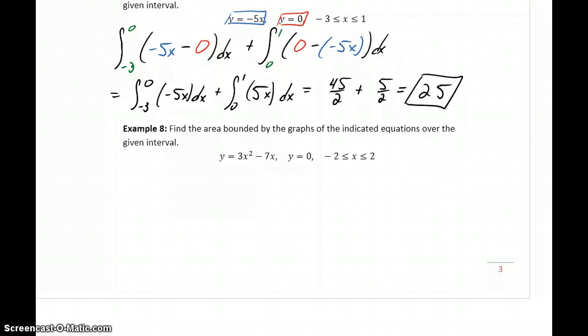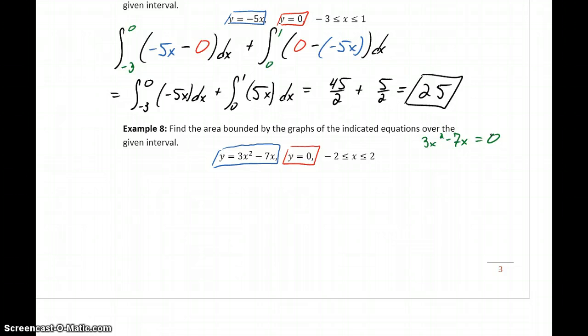Similarly, in our last example, we would want to graph these two functions and determine where that split happens, where they cross over, and which function is greater on which interval. So in this case, to solve where these two functions are equal to each other, one thing we could do is take 3x squared minus 7x and set it equal to 0.